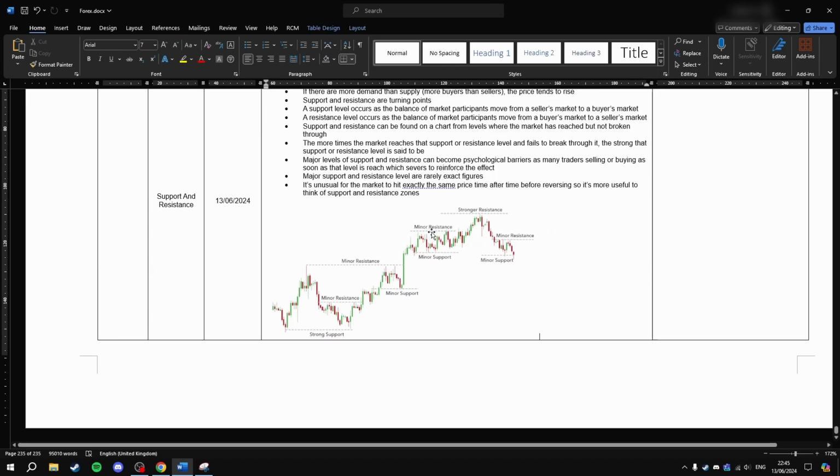These are in between support and resistances. The price hasn't actually gone through this bit yet. So it will keep bouncing between these two major support and resistances, and the small ones happen in between.